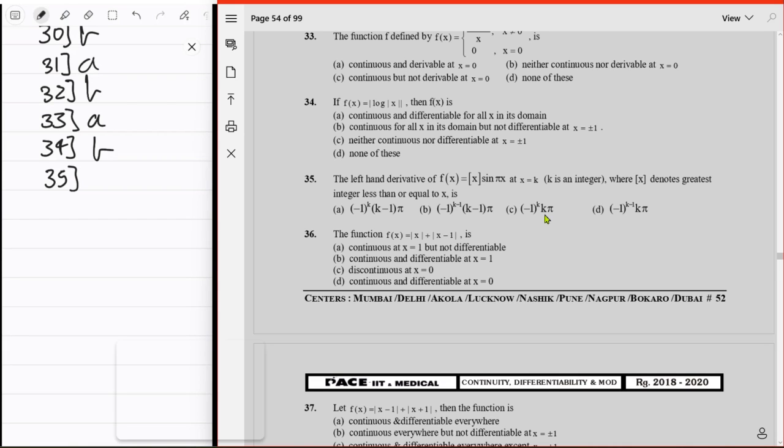Oh, that's weird. Wait, something's not right about this. Okay, it's fine. It's going to approach k. K is still less than or equal to x when we talk about left-hand derivative. Yeah, okay.